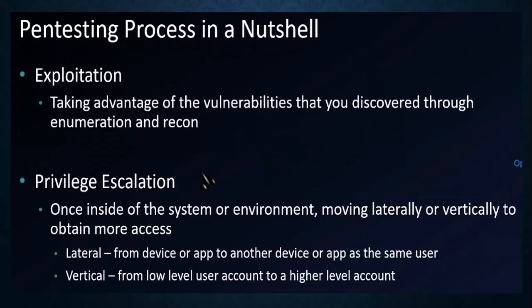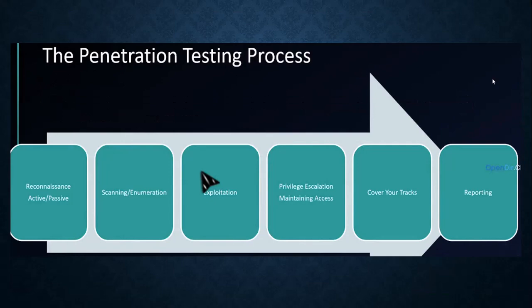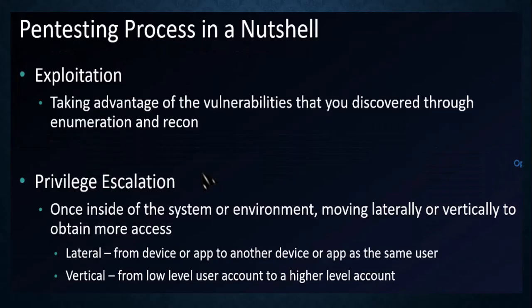Now, the pen testing process in a nutshell. Exploitation is taking advantage of vulnerabilities that you discover through enumeration and reconnaissance. Privilege escalation means once inside the system or environment, you move laterally or vertically to obtain more access. Lateral means from a device or app to another device or app.